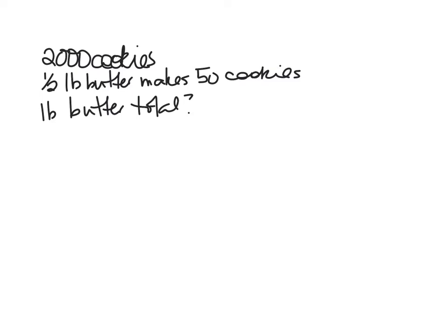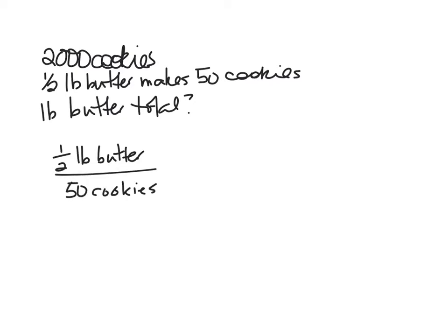So we use ratios here. There's a relationship between the pounds of butter and the number of cookies. So we know that half a pound of butter makes 50 cookies. And we know we have to make 2,000 cookies.